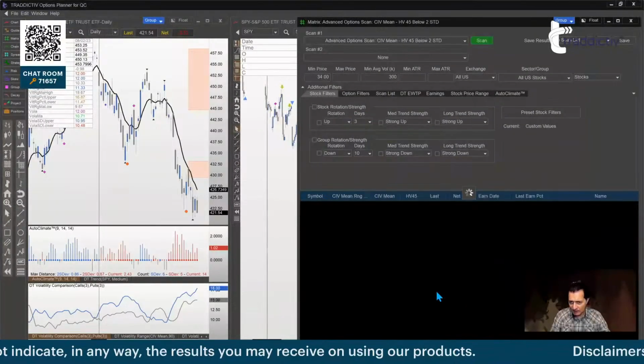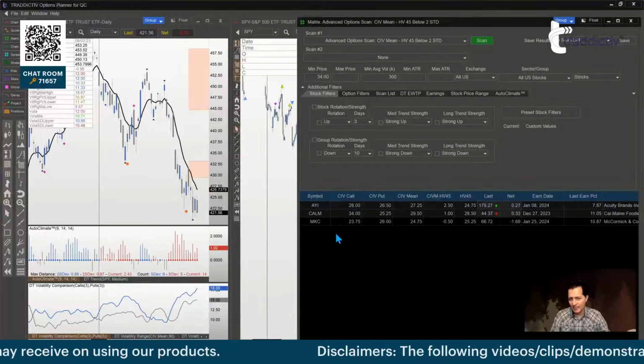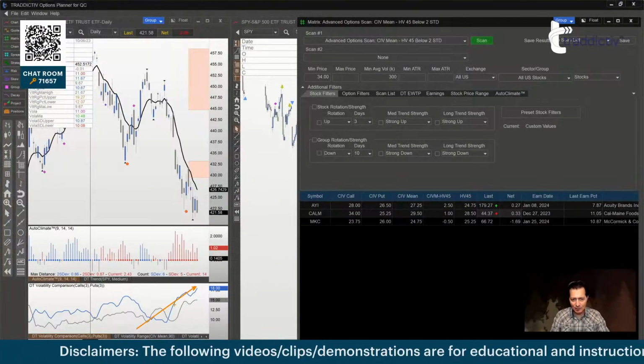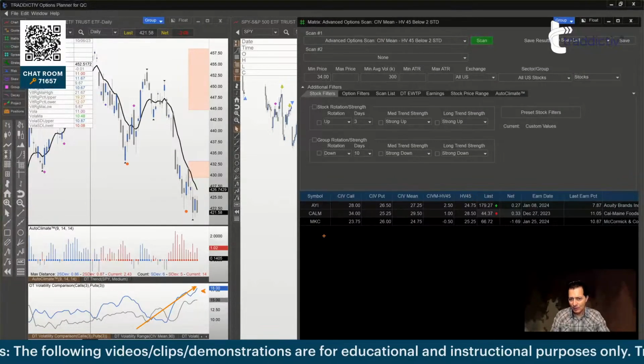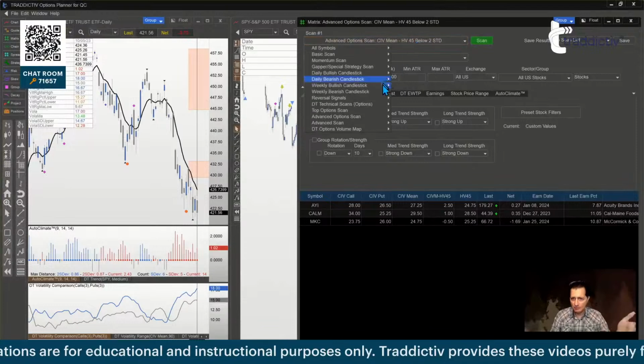This is also cheap options. Obviously, you can see how, given what's happening in the market, options are expensive overall, so there are few cheap options. Which is normal.